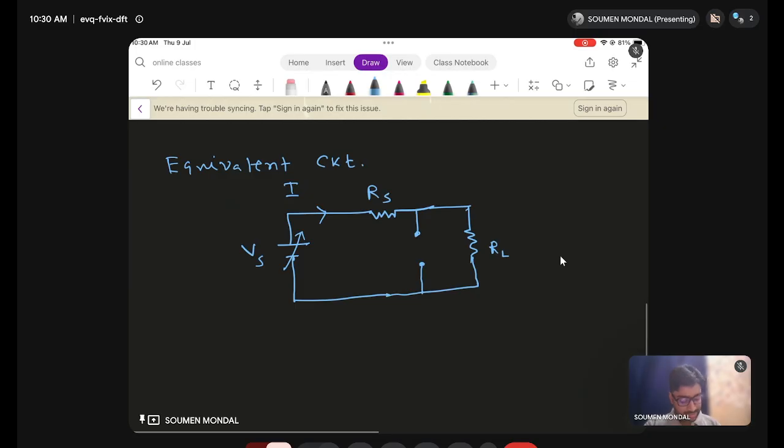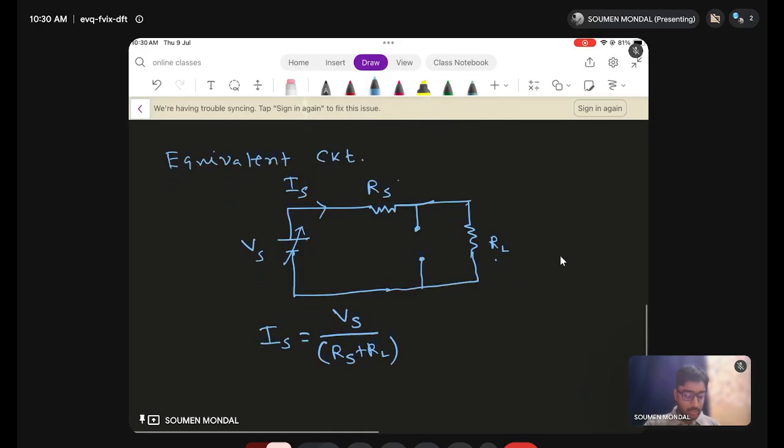Now the current in the circuit, which I am calling Is, is going to be simply Vs by Rs plus RL, as the equivalent resistance in the circuit is Rs plus RL. So this is the current through the circuit. Now the question is how to know whether Zener breakdown occurs or not. That's a good question.